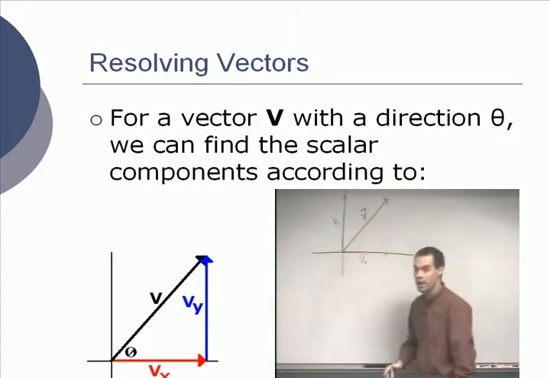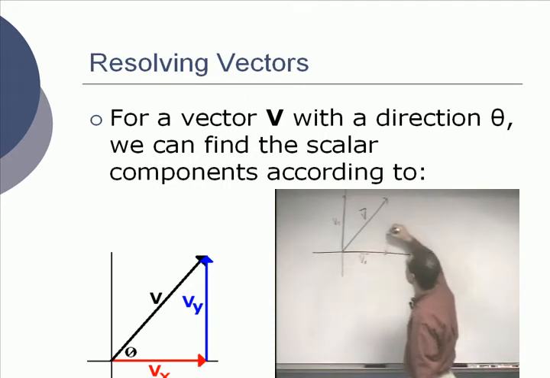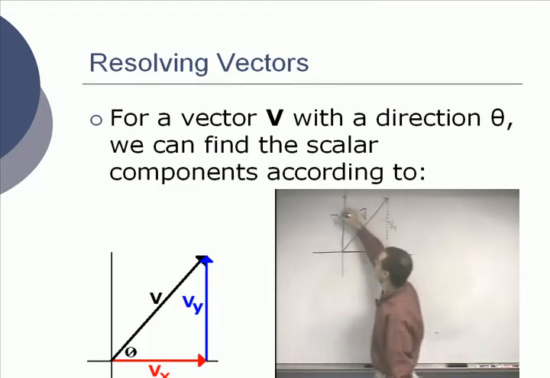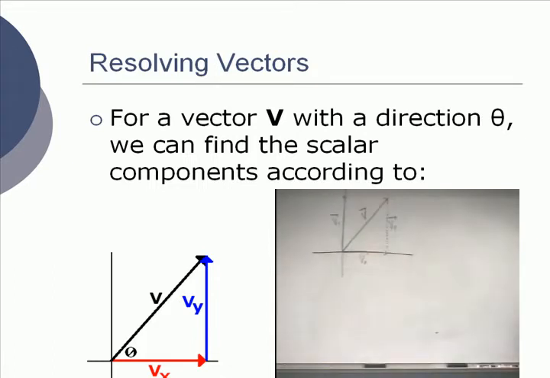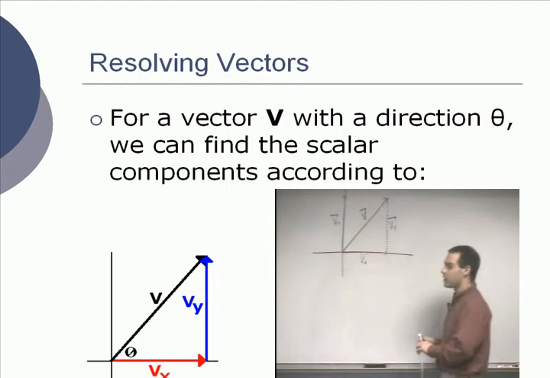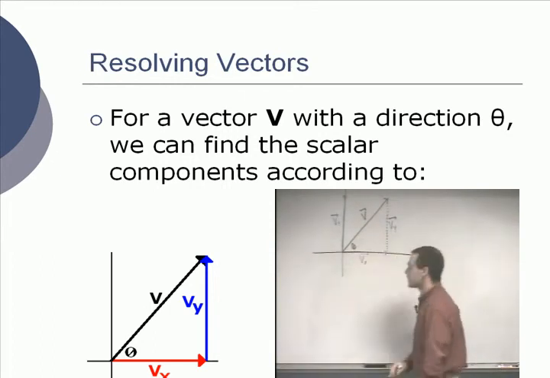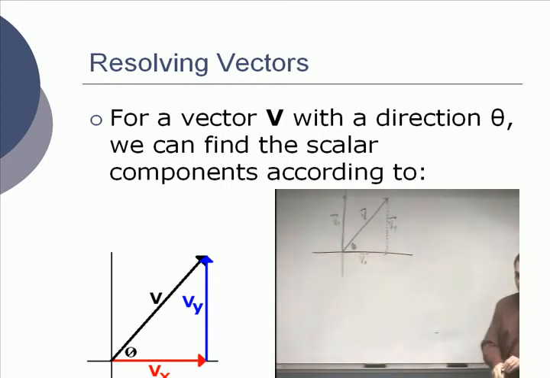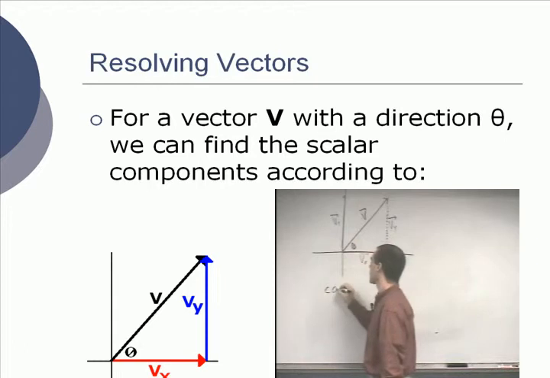But so that we have a triangle, we're going to bump that over, just translate it so that it is tip to tail with v sub x, and we have our three vectors. Now, we've got an angle theta down here. First of all, let's take a look at the cosine of theta. We know that the cosine of theta is going to be what over what?